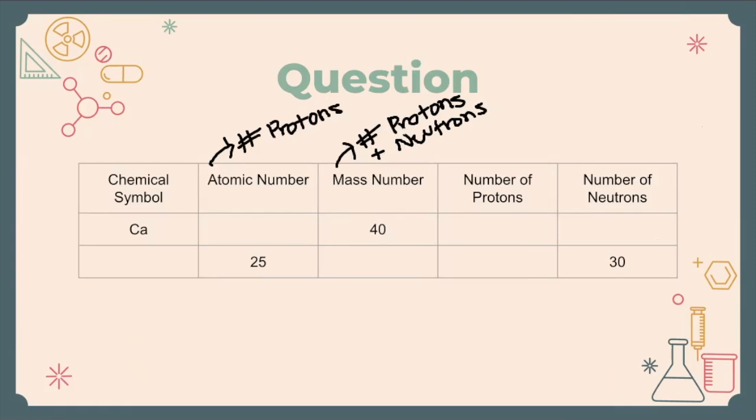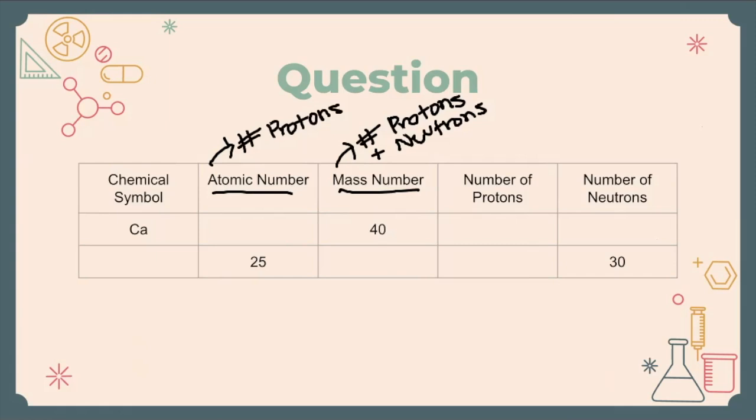Remember I said before, the mass of an atom is always located in the nucleus. So what's in the nucleus? Protons and neutrons. So you have number of protons and number of neutrons as the last two categories. And so once you figure out the two categories in the beginning, so once you figure out the atomic number and the mass number, finding the number of protons and neutrons is very straightforward.